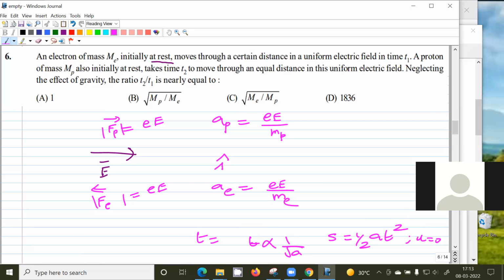Time will go as square root of a, inversely, right? So t2 by t1 ratio will go as root of a1 by a2. Okay. m_p by m_e, root of that. Electron is 1, right? t2 by t1. Okay, not t1 by t2.